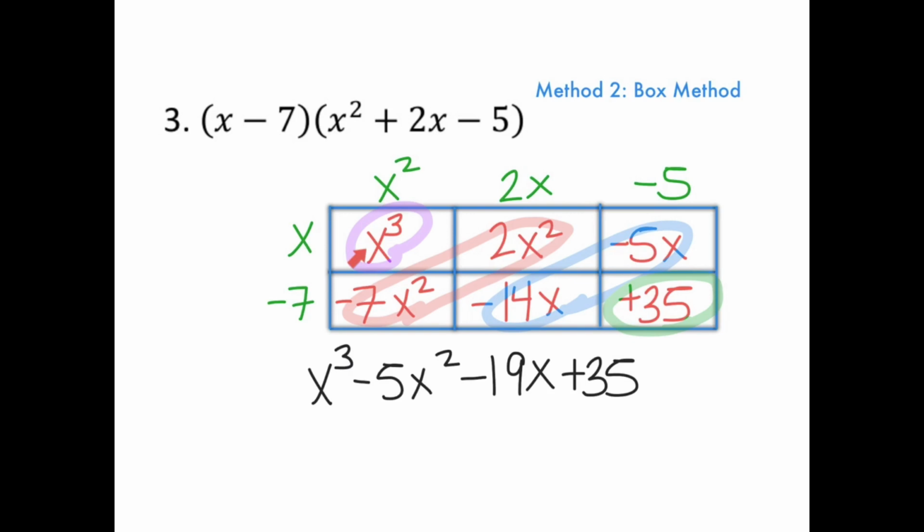So purple, x cubed is by itself, my x squareds adding together, just adding the coefficients together, the variable exponent does not change. Same thing with my blue x's and then my constant on the end. Exact same answer we got using the last method, just another way to organize your work.